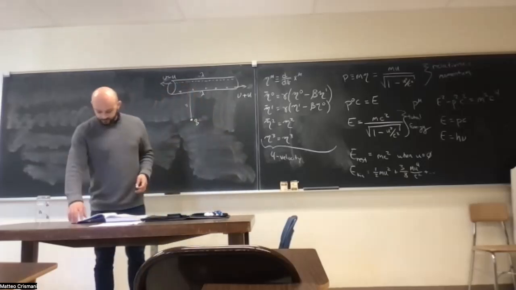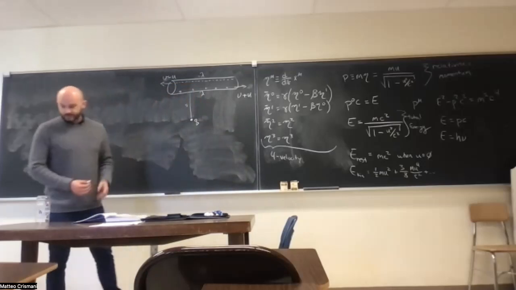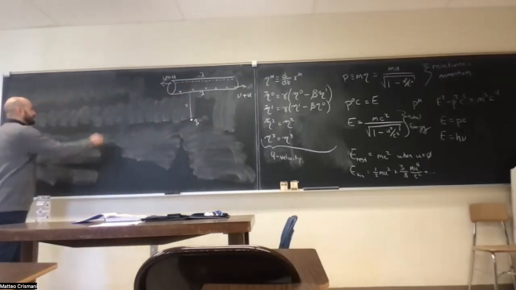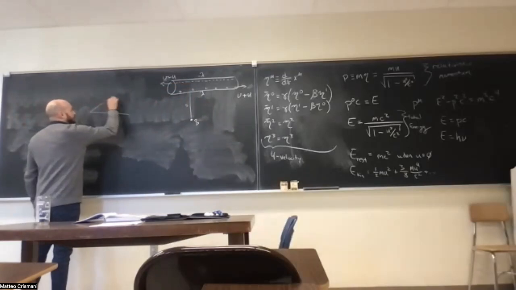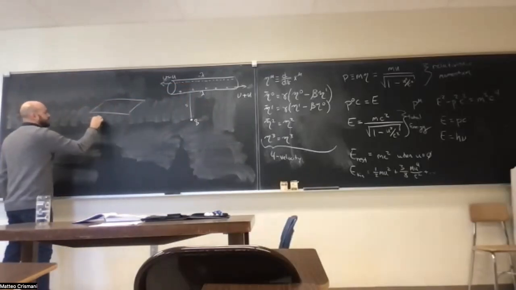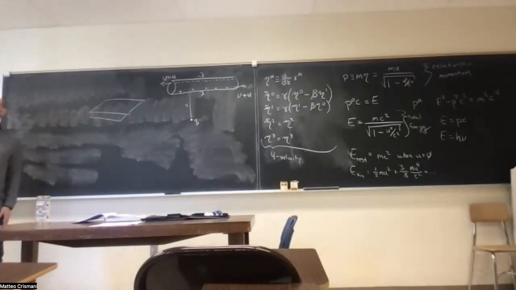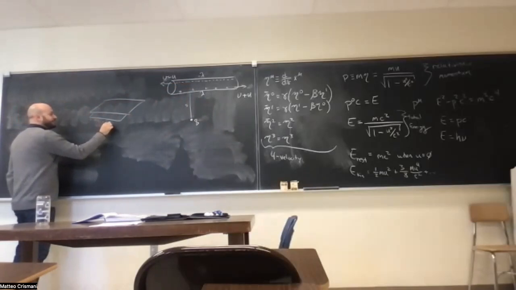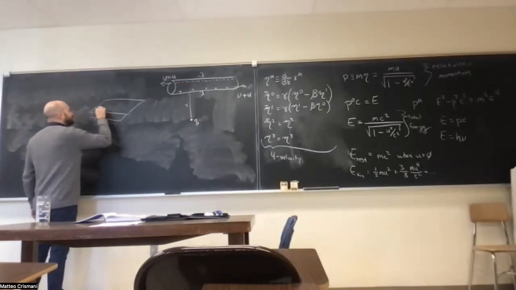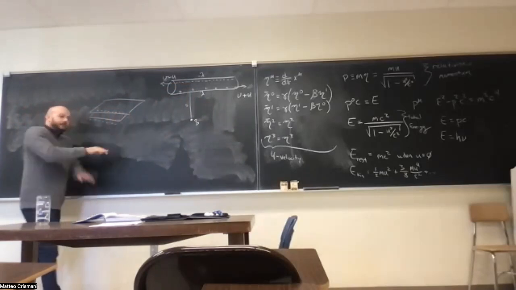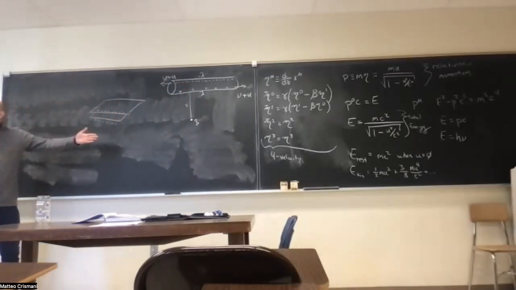It gets cooler. What if you have a capacitor? Let's say you have a capacitor. You remember what capacitors look like, right? There's minuses on the bottom and there's pluses on the top. It's a parallel plate capacitor, two plates.